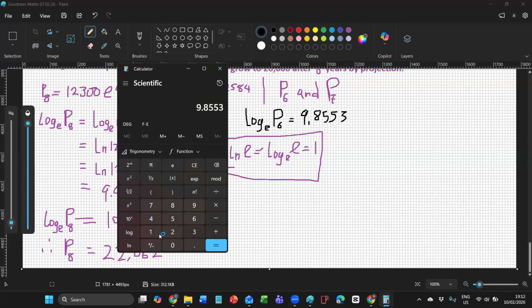9.8553, and then because it's already the natural log, I need the second function. So I'm going to press second function, the one that has e raised to power x.